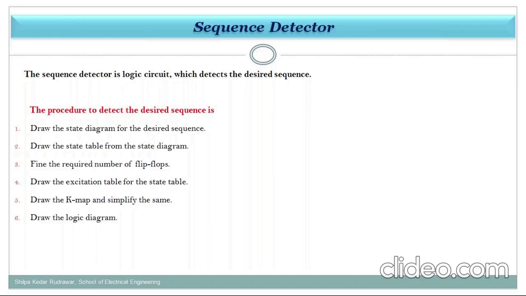The first important thing is that depending upon the problem statement, or what sequence you need to detect, you need to draw a state diagram. If the state diagram is wrong, everything will be wrong, because depending upon the state diagram only you draw the state table. Depending upon that, you choose a flip-flop, solve using K-map, and after getting the equation using K-map, you need to design the circuitry.